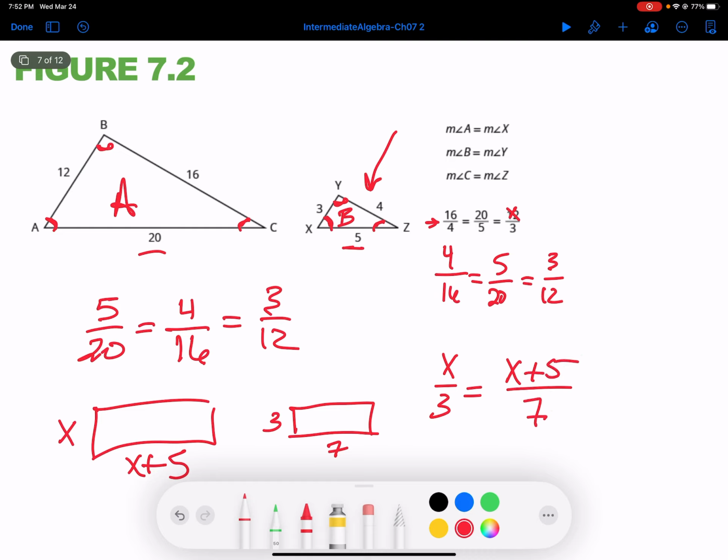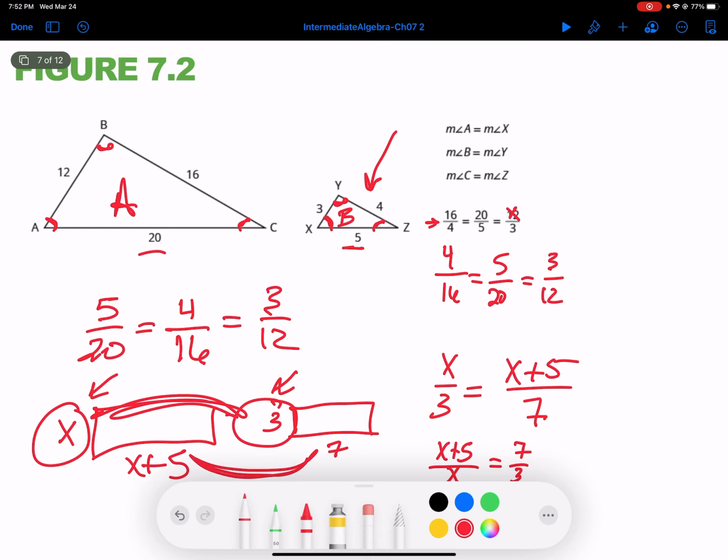Or it could be x plus 5 over x and 7 over 3. It doesn't really matter which order you put them in, but just make sure that you stay consistent. So either make this the numerator and this the denominator, or do it the other way, but then make sure that whatever you did here, you copy that same pattern for here.